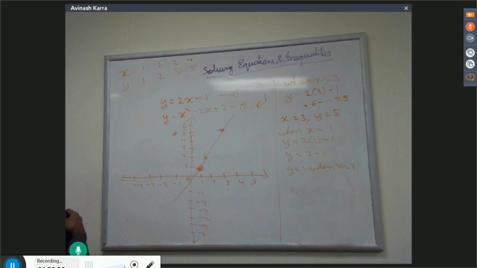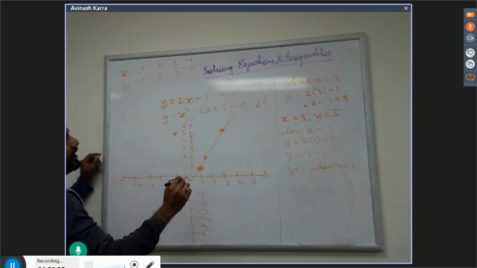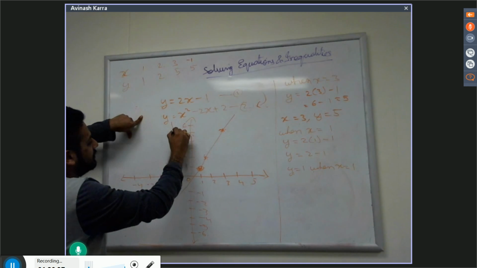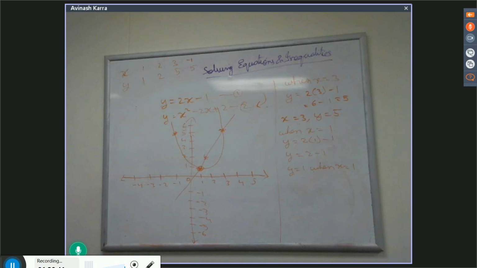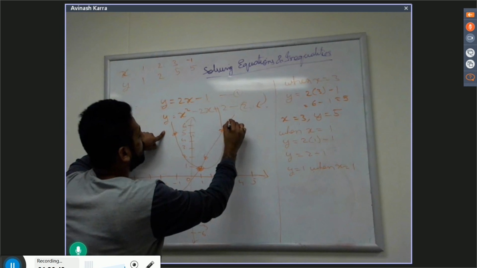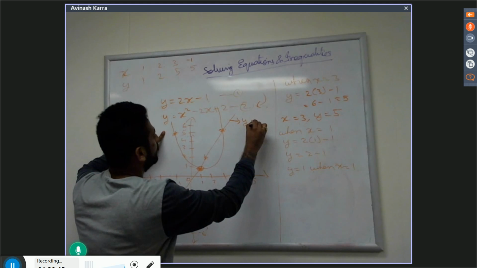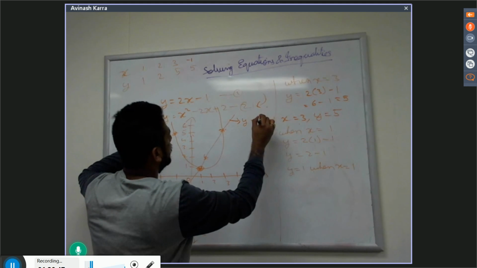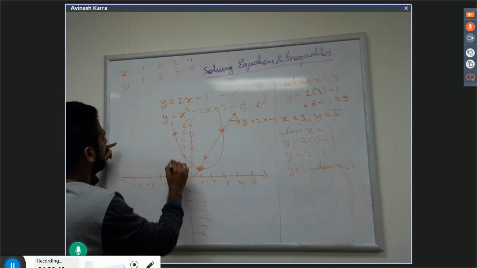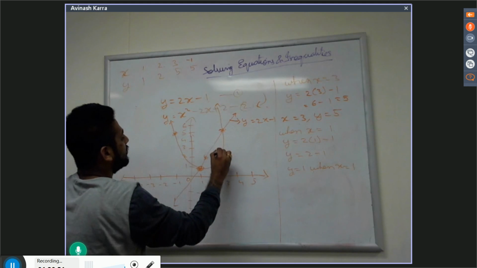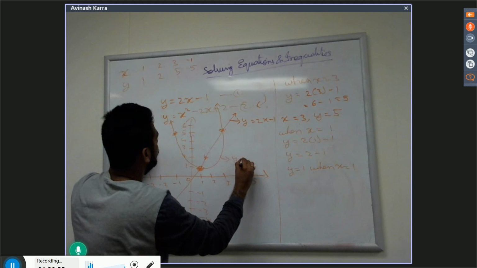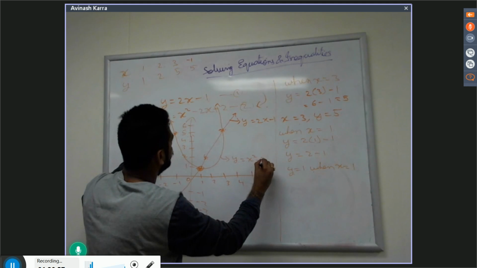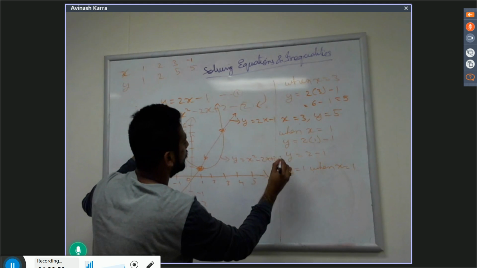So let me explain. The parabola will be like this. Okay, this line will be y is equal to 2x minus 1, and this parabola will be y is equal to x squared minus 2x plus 2.